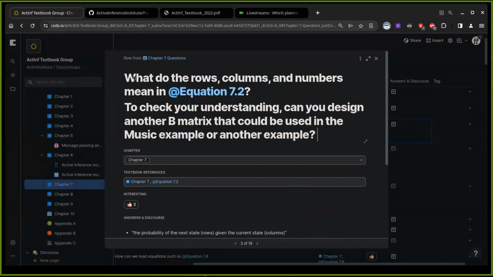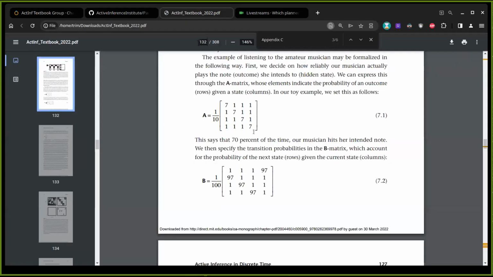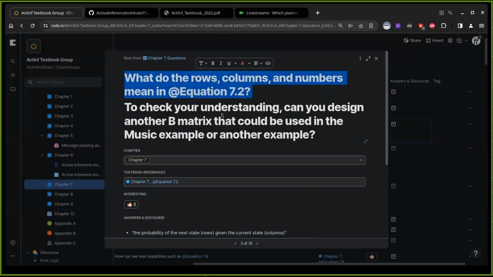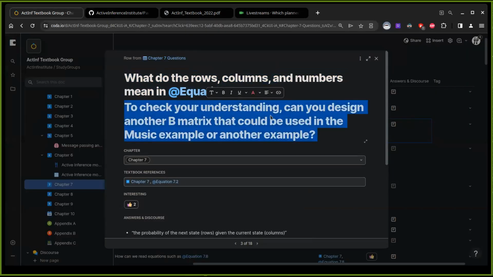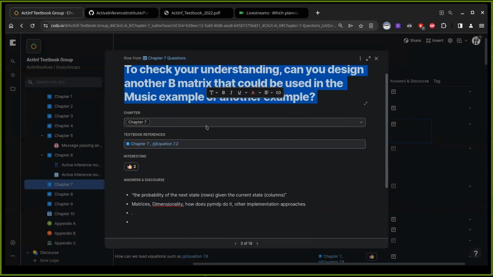What do the rows, columns, and numbers mean in equation 7.2? To check your understanding, could you design another B matrix that could be used in the music example or another example? So the simple answer is each cell represents the probability of moving from a row to a column.